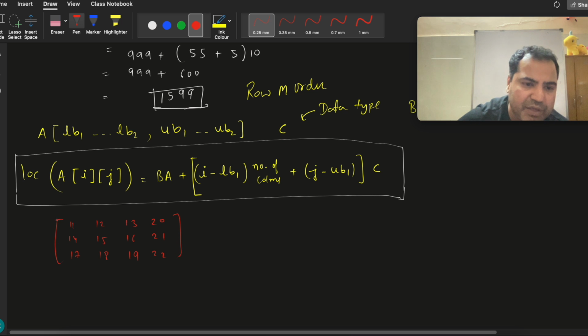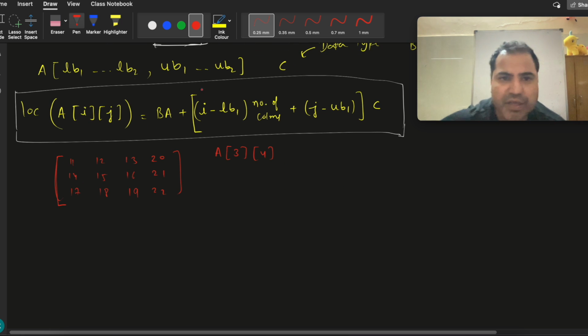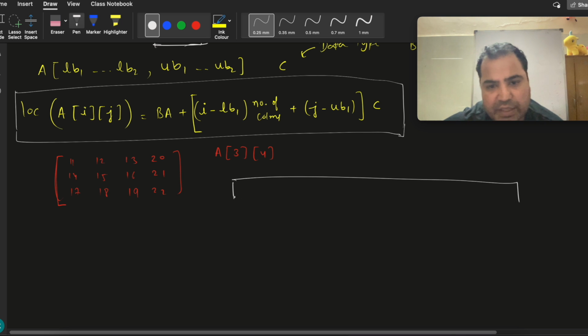These are the elements of an array, right? And the size will be A3 comma 4, 3 rows and 4 columns. So how is this stored in column major order? Let's write it quickly, right?